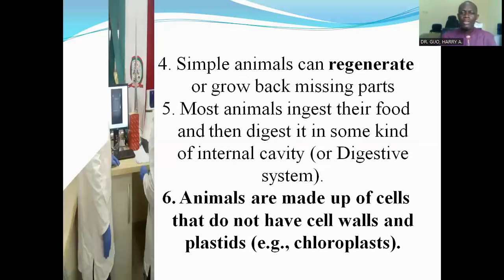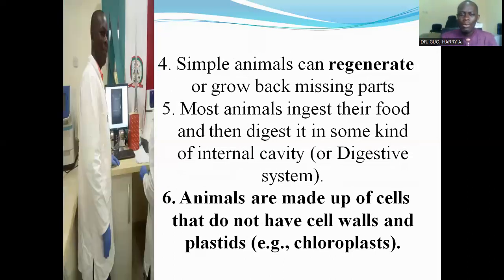Some animals can regenerate or grow back missing parts. Then the fifth characteristic is that most animals ingest their food and then digest it in an internal cavity known as the digestive system.